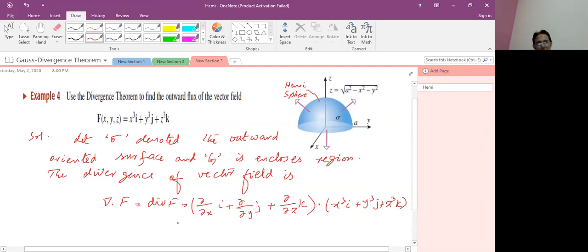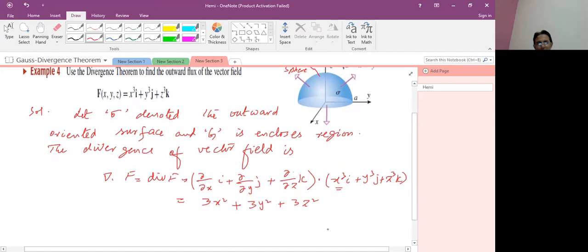When we take the dot product, student, with respect to x, the derivative is 3x square. i dot i is 1, plus the derivative of y cube, which is 3y square, and the partial derivative of z cube with respect to z is 3 times z square. j dot j is 1, k dot k is 1. When we take common terms, it means 3 times x square plus y square plus z square.